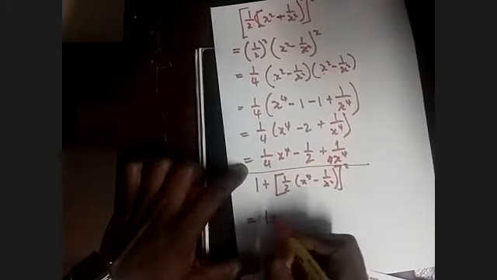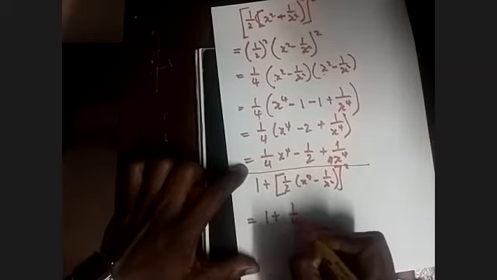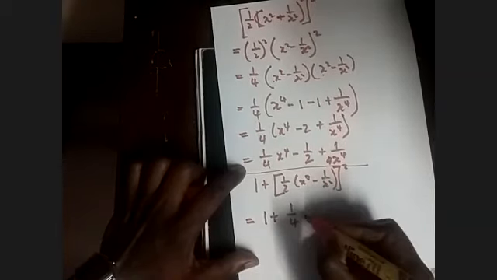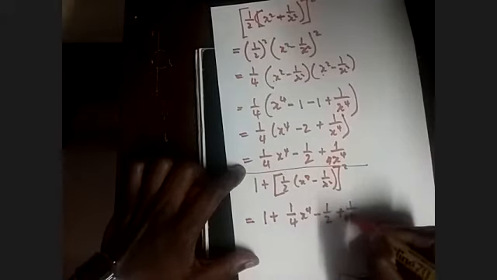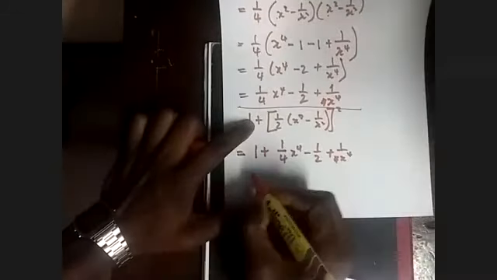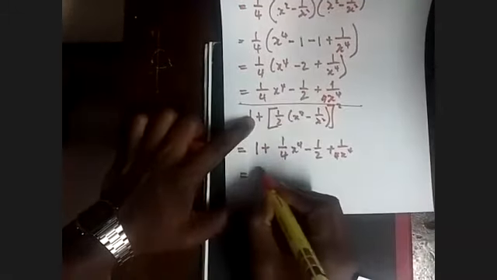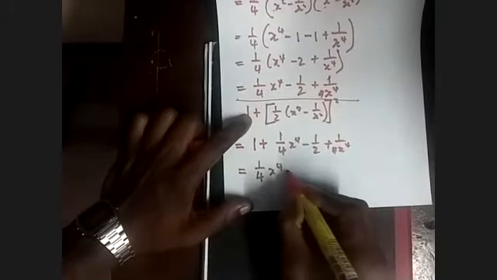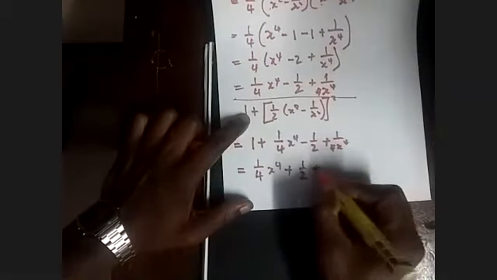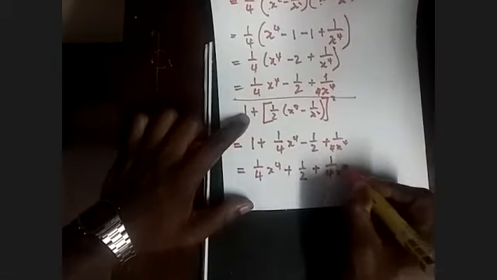What I mean is that we're going to have 1 plus 1 over 4x to the 4th minus 1 over 2 plus 1 over 4x to the power of 4. And you can see that 1 minus a half is just 1/2, so I'm going to have 1 over 4 x to the power of 4 plus 1/2 plus 1 over 4 x to the power of 4.